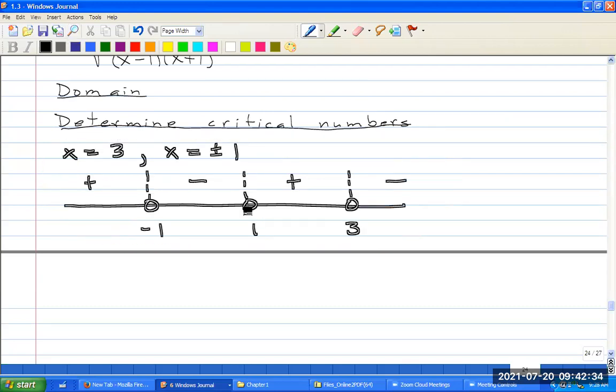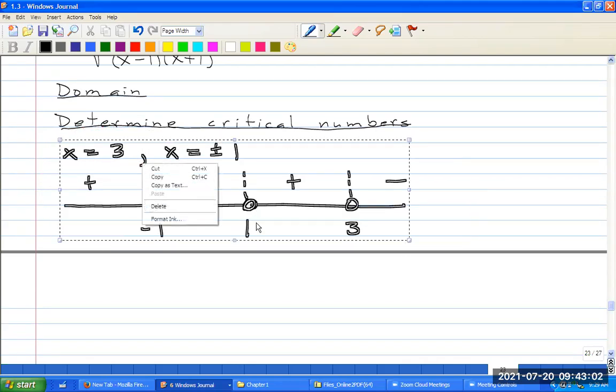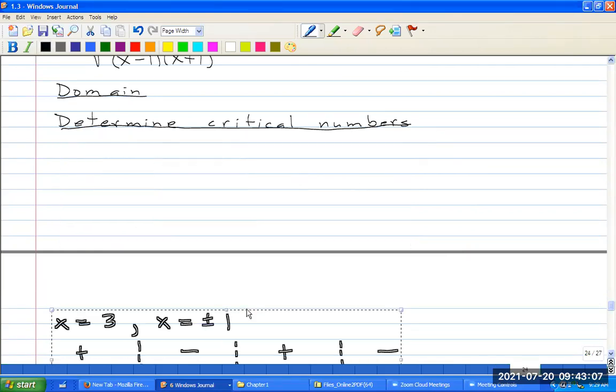Let me just move this down, if I can. Oh, that's nice. Let me try to move this. There. Okay.